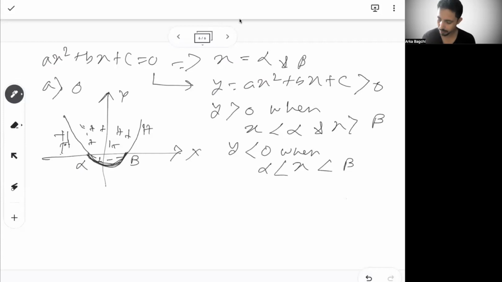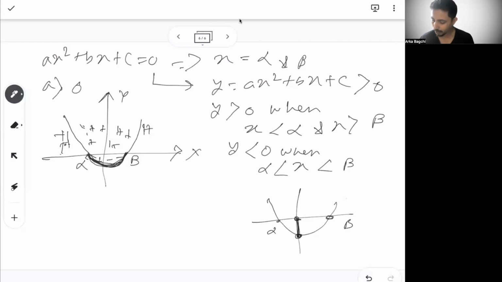So this is the small section where y will be negative, and anything above the x-axis y will be positive, right? So between alpha and beta, if x takes the value 0, then for that corresponding x value, your y value will be somewhere here, which is negative.